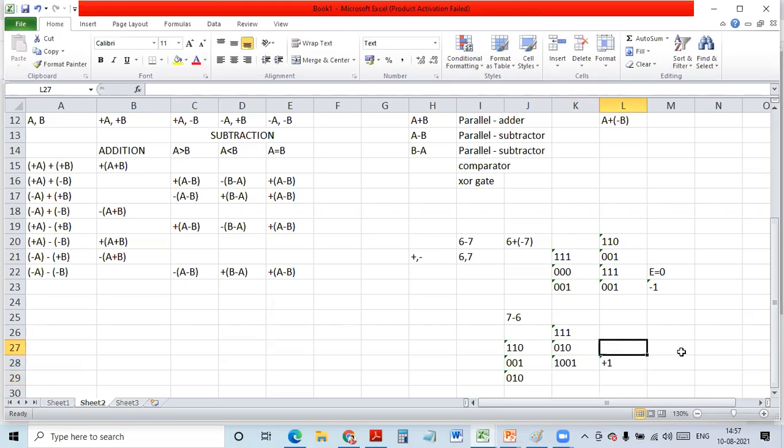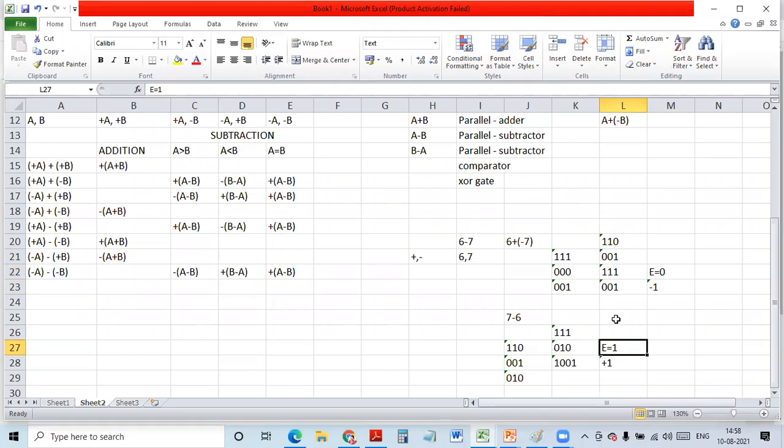This extra bit tells whether the first number is bigger or lesser than the second number. If you are not getting any carry, the result is negative and the first number is lesser than the second number. If you are getting a carry, the first number is bigger than the second number.